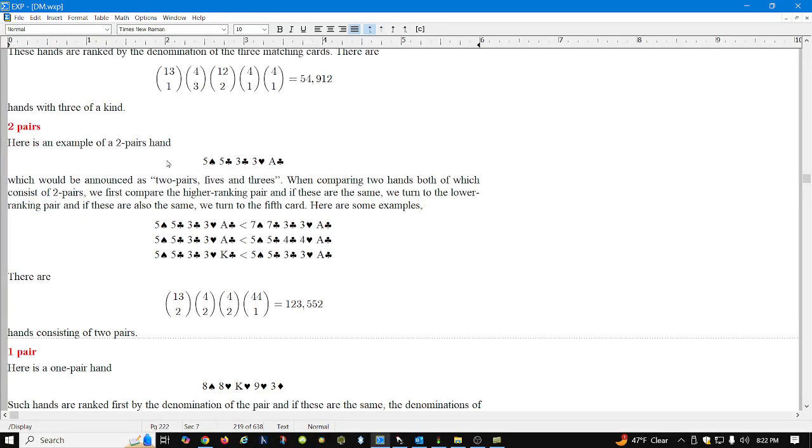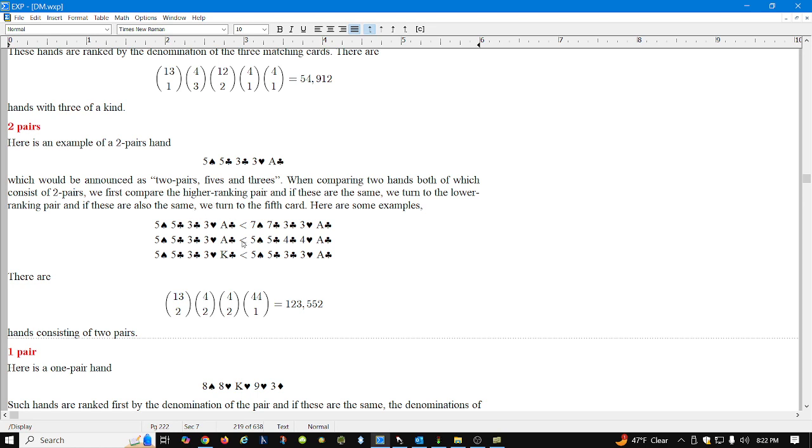2 pair, like 5s and 3s. In this case, when you compare 2 pair hands, you first compare the higher ranking pair. If these are the same, you look at the lower ranking pair. If those are the same, you look at the 5th card.